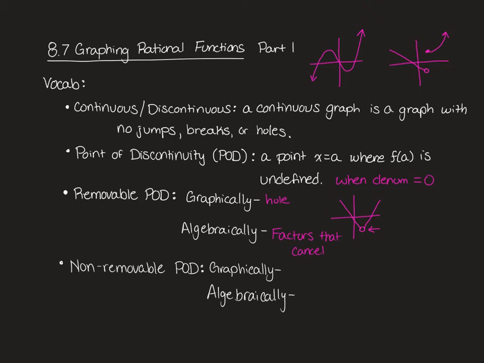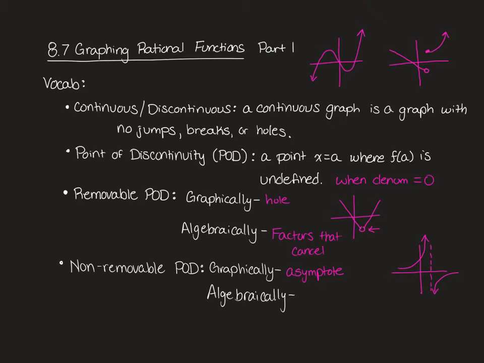A non-removable, graphically, looks like an asymptote. Okay, and an asymptote is an invisible line on the graph where my graph will never cross it, okay? So that dotted line right there, that is an asymptote.